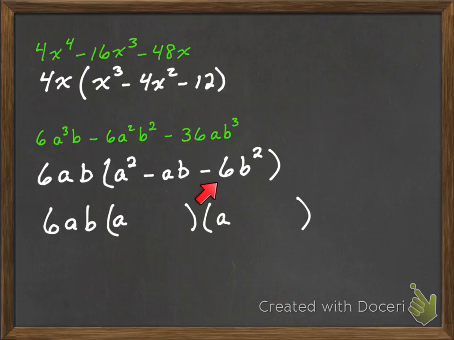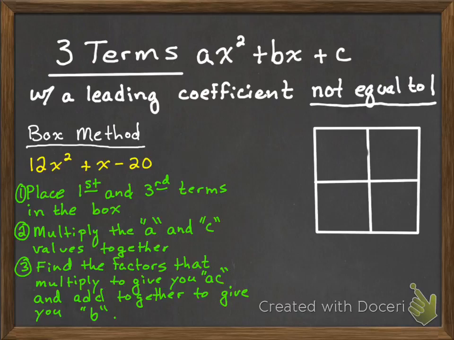A negative 6, two numbers that will multiply to give you negative 6 and add to give you negative 1 would be a minus 3 and a positive 2. But we also have a b value on this because the negative 3b times the positive 2b, that will give us negative 6b squared. All right, so that's our factoring for that particular problem.